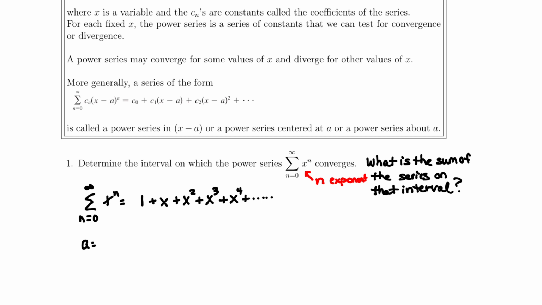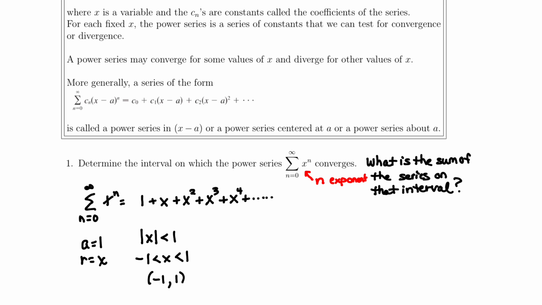And my a value in this is 1, and my r value is x. And for it to converge, I need the absolute value of x to be less than 1, or in other words, I need x to be in between -1 to 1.